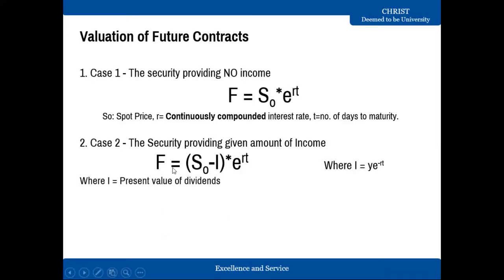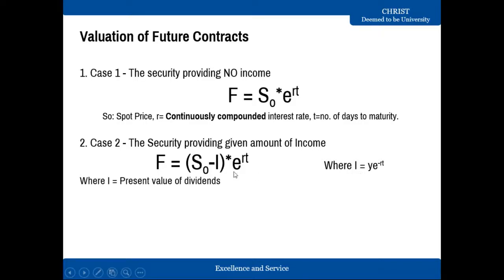Say I get into a futures contract today which has one month to maturity. In between, the company announces dividends. Then I have to take that dividend into account, calculating its present value from the day it is announced. Then you calculate the future value of such a stock or index.